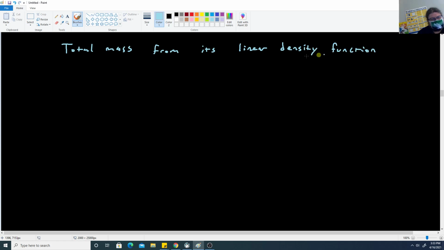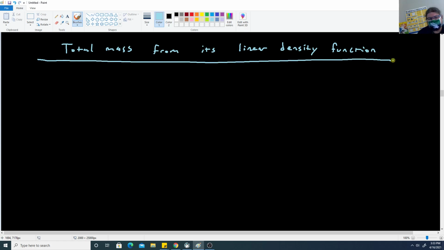So basically, if you know the density of an object and you know how the density changes linearly, either along the x's or the y's or whatever, we can set it up as an integral and integrate along the density function, and that'll generate the total mass. So our equation for this will be total mass, which we'll call m.